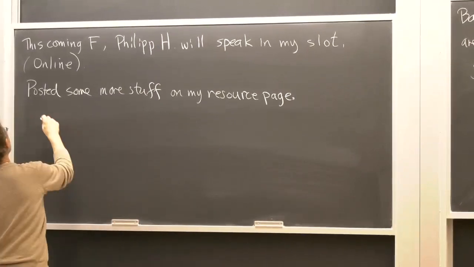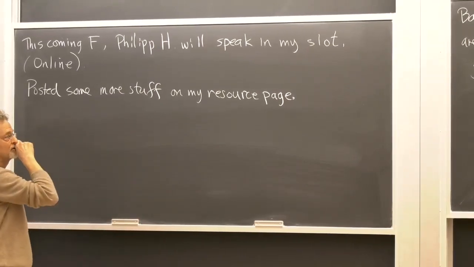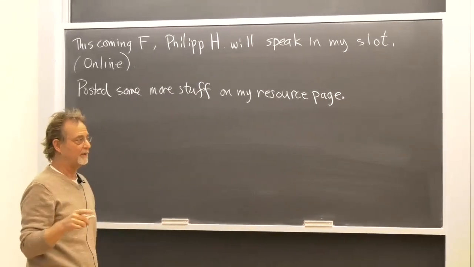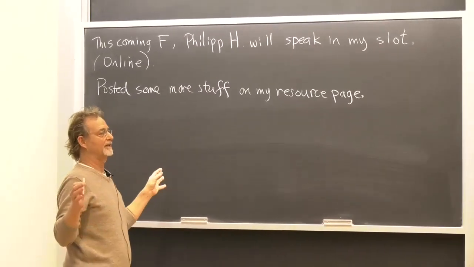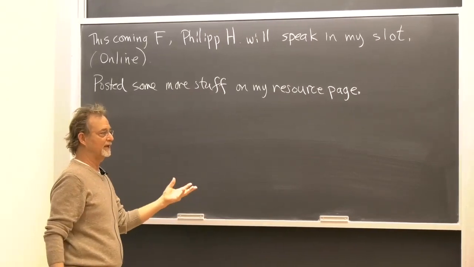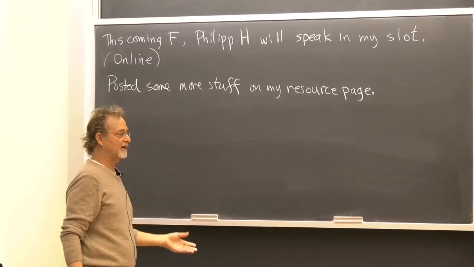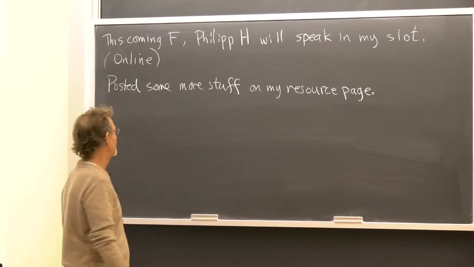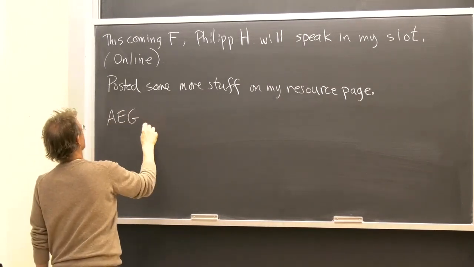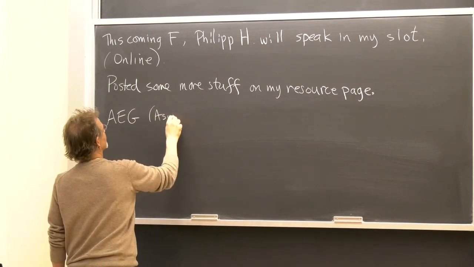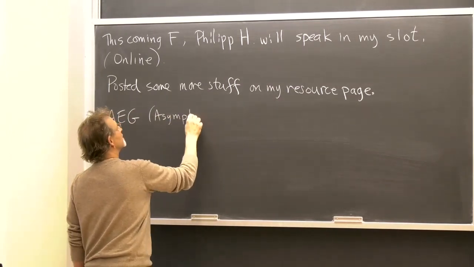So there's a nice little trick. It's in one of these papers of mine. I don't claim that this is original to me, I just had to write it down carefully. So there's this thing I call AEG for short, which is asymptotic expansion of groups.